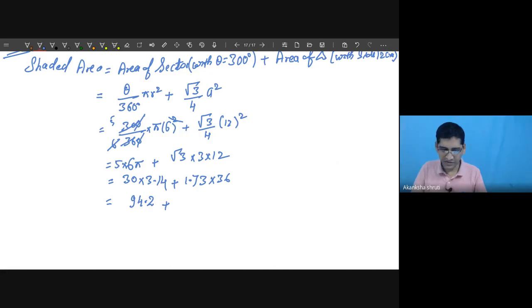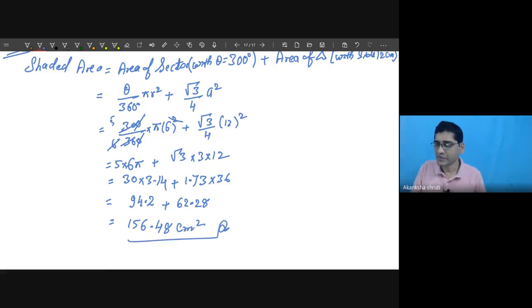We can take it as 62.2. This is enough, or if you want to go ahead, you can get this much. Okay, so it is only this much, or you can add this as 156.2248, this much centimeter square.